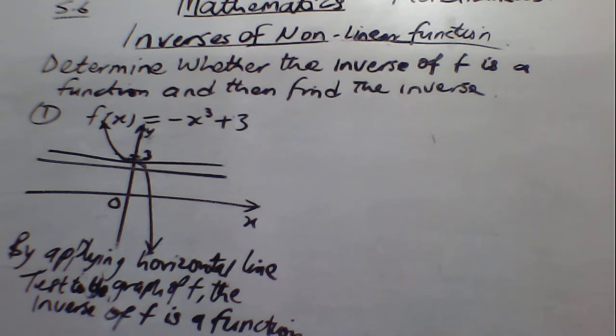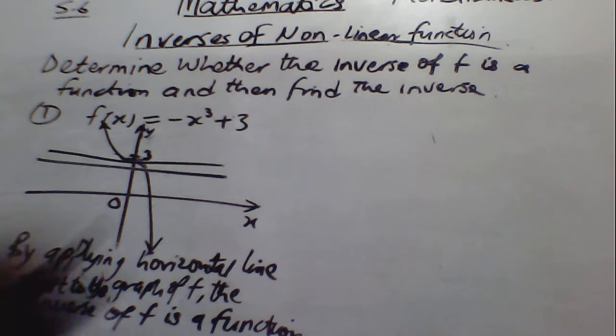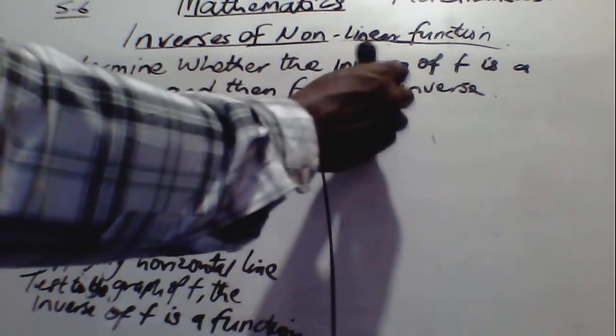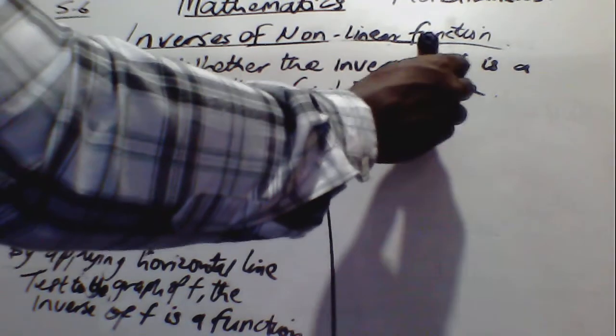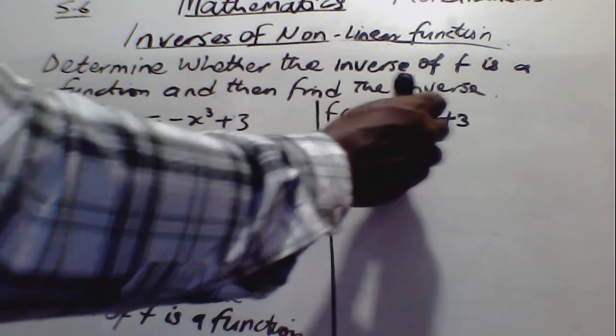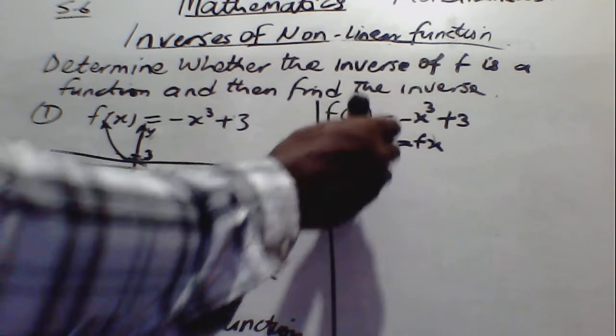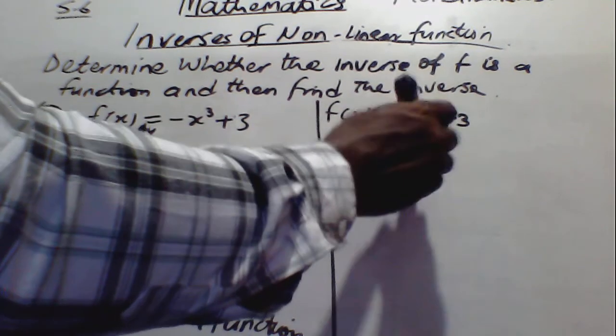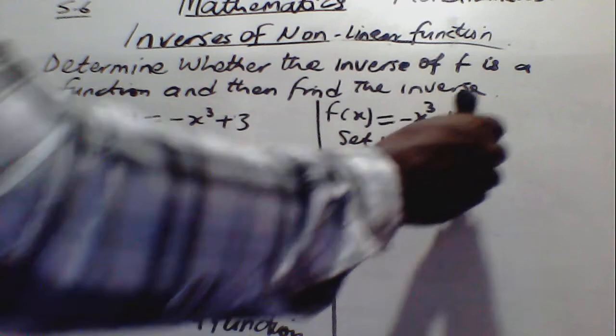You have already determined that. So the next is to do what? To find the inverse. So f of x is equal to minus x raised to power 3 plus 3. Set y equal to f of x. So y is equal to minus x raised to power 3 plus 3.